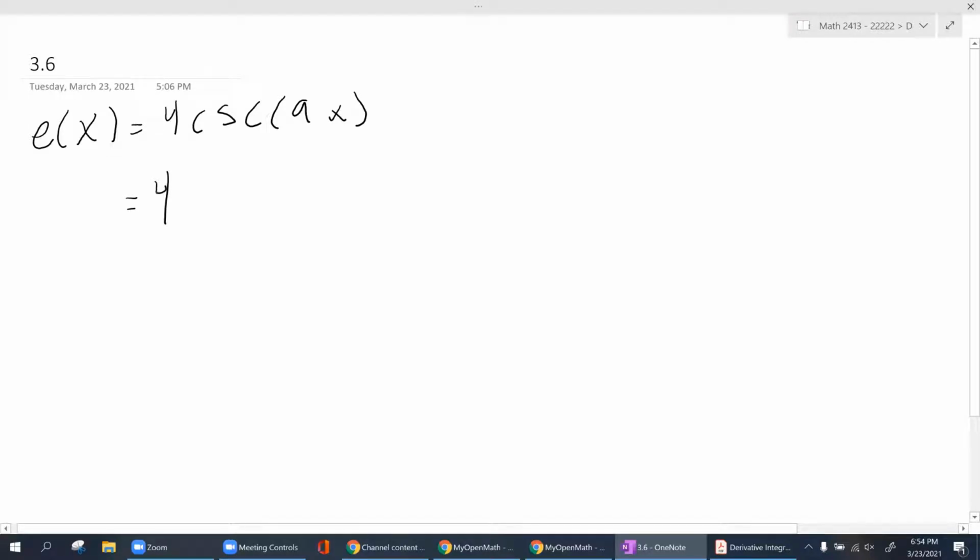I need to find out what's the derivative of cosecant of 9x. First off, I already know that it's going to be a negative something, because it starts with a c and I'm deriving it. If you look at the list, you find out that this is going to be the negative cosecant times cotangent of what you have, which is 9x.